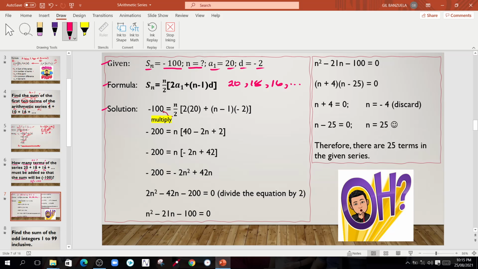kung mapapansin natin guys, yung mga numbers natin is in decreasing format o pababa. So, every time na ang series or sequence, arithmetic sequence, yung given elements is in decreasing format, automatic the common difference is negative. Take note ha.